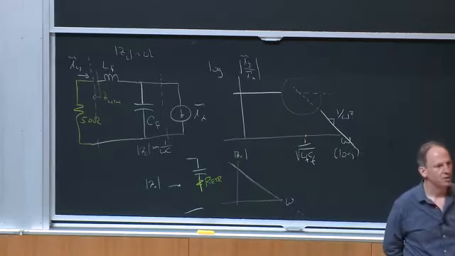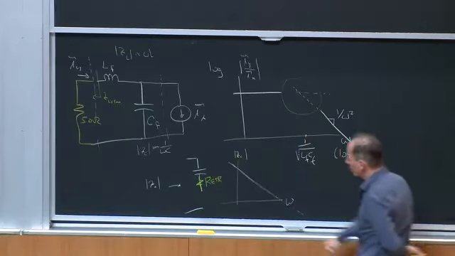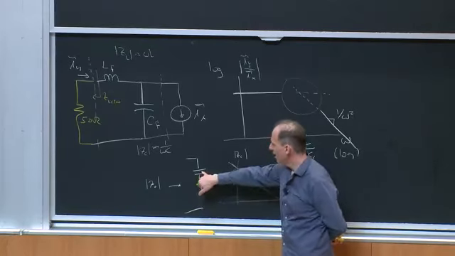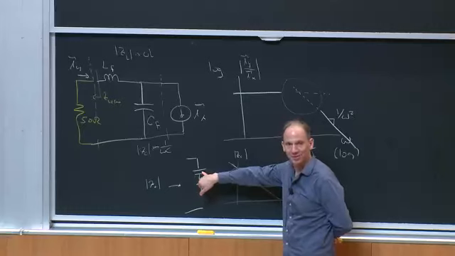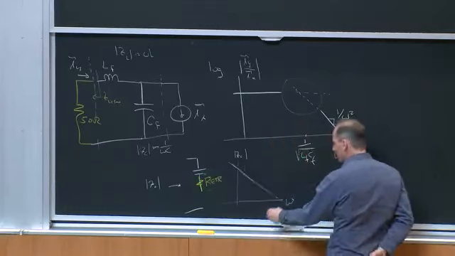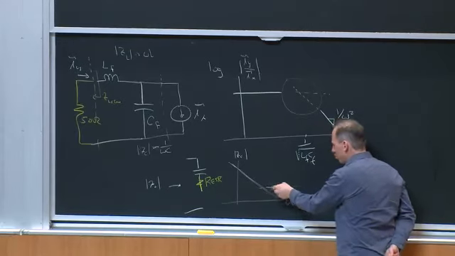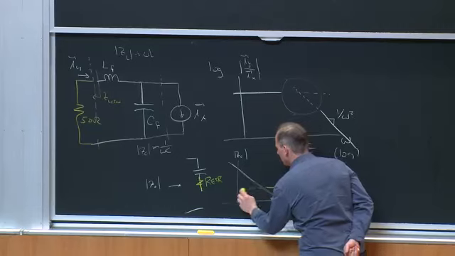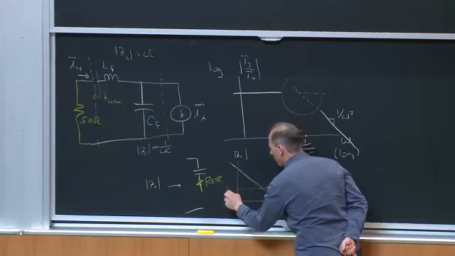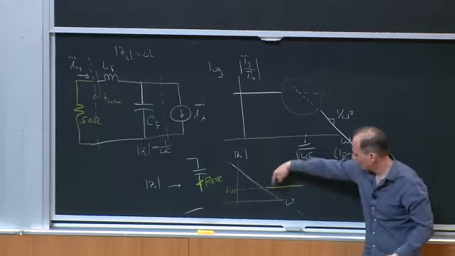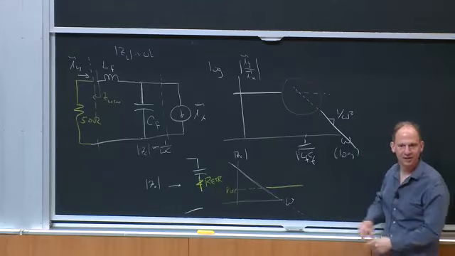So what's that going to do? There's going to be some frequency above which this ESR has a bigger impedance than the ideal portion of the capacitor. So what I would expect is that beyond some frequency, there's going to be some place where our ESR is dominant. So instead of falling off forever as 1 over omega, it flattens out eventually.